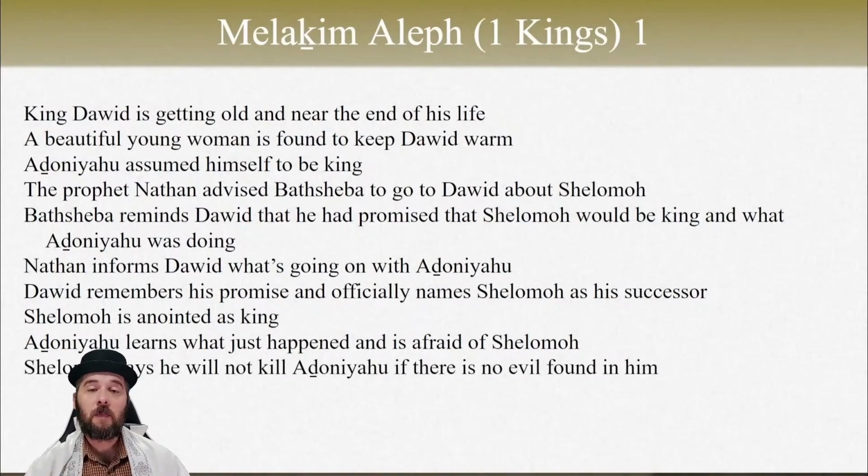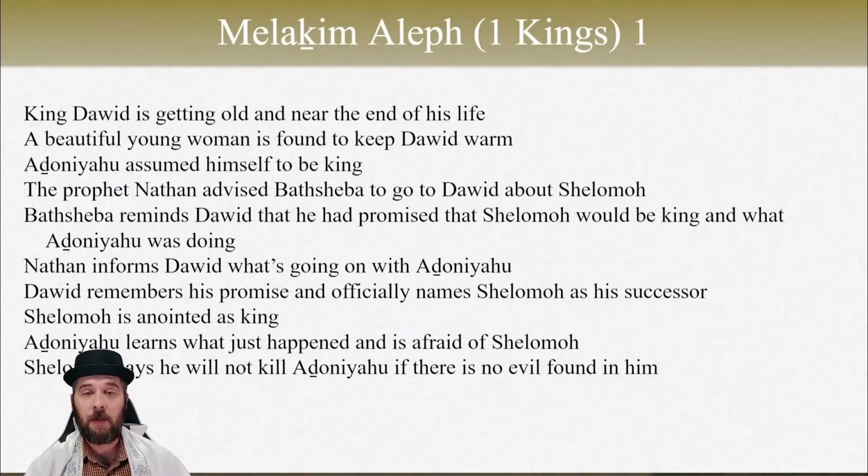And King Shlomo sends a messenger and tells Adoniyahu that if there's no evil found with you, then your life will be spared and you will not die. I will not have you killed. And that's what happens. Shlomo lets him go.